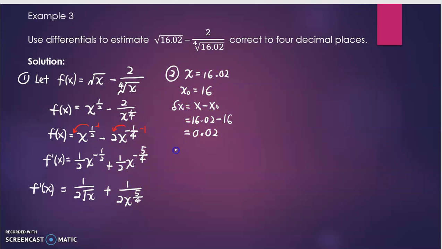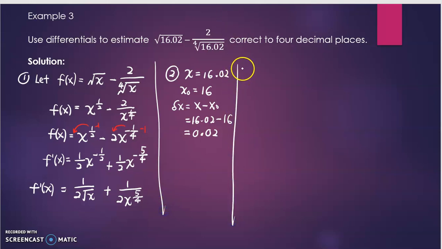Now we come to our third step. So third step, based on our formula, is f(x naught plus delta x) is equal to, let's say I put my third step. So this is first step. Here is the second step.